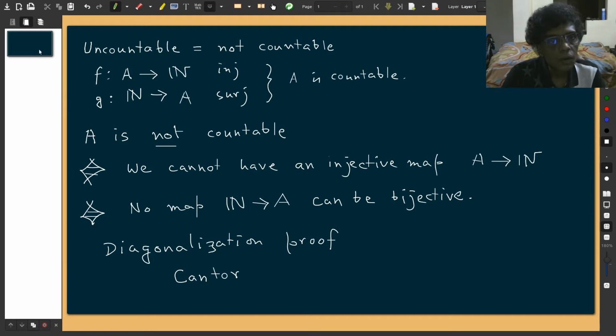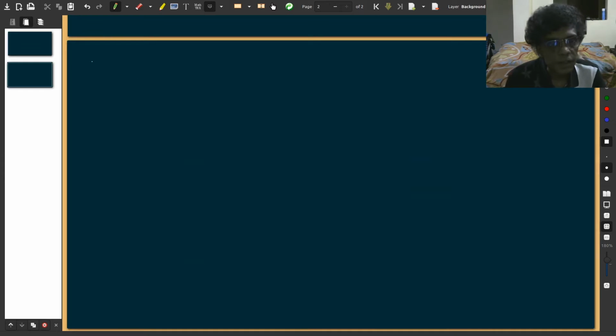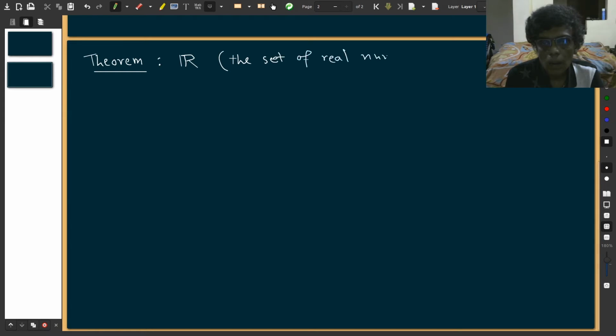So, our first result is that the set of real numbers R is uncountable.